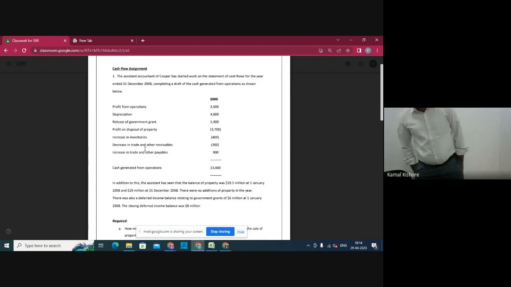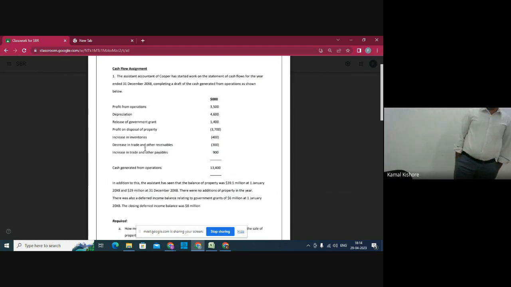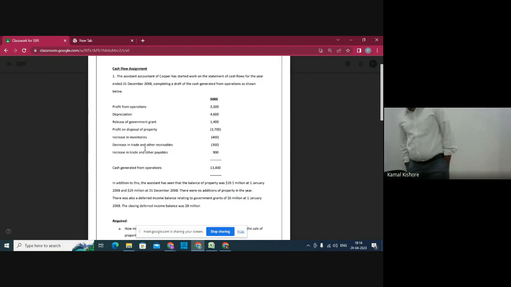Decrease in liability means cash flow reduces. For example, I'm having an accounts payable balance of 1 million, and I've paid 500,000. That means my accounts payable balance will come down by 500,000. So that means that is negative. Now, if I've not paid, I was supposed to pay 1 million, but I've not paid. Last year was 0, and this year it is 1 million.